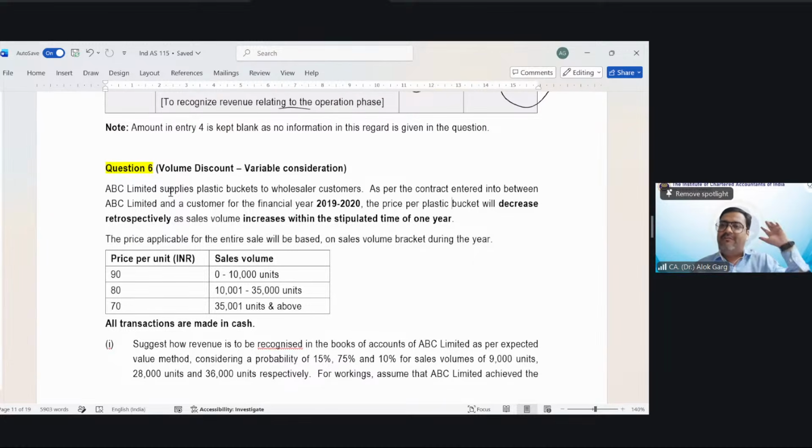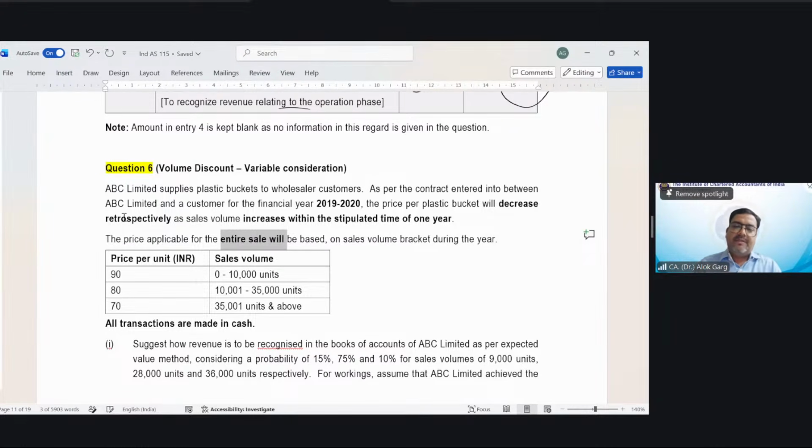The earlier quantity delivered will decrease retrospectively as sales volume increases within the stipulated time of 1 year. So it's a window of 1 year. The price applicable for the entire sales, please mind these lines, it says that for the entire sales within the year. So the period is very important. Next, it is talking about retrospectively entire sales.